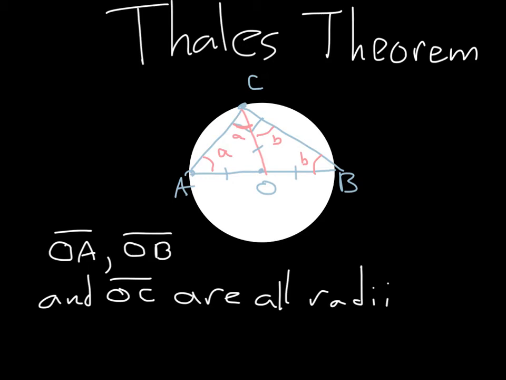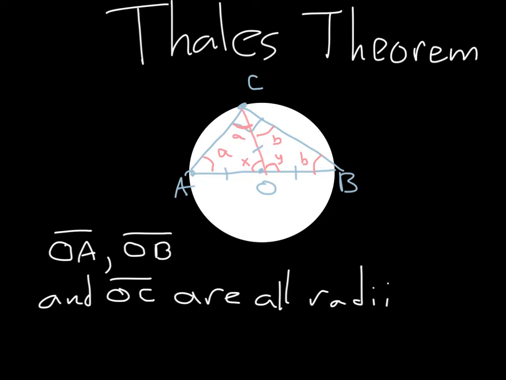Now let's add one more label. Let's call this angle here X, and on the other side, let's call that angle Y. So from here, we know two things. We know that the sum of the angles in any triangle has to be 180 degrees. I'm just going to use the angle label for the measure of the angle to save space.